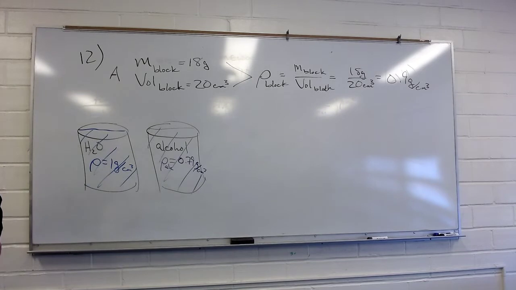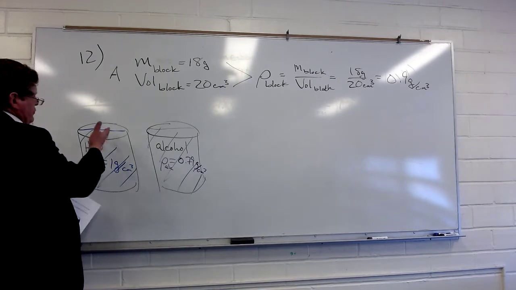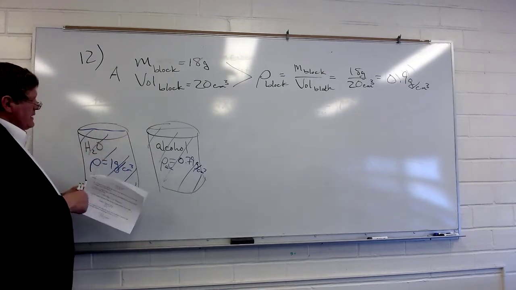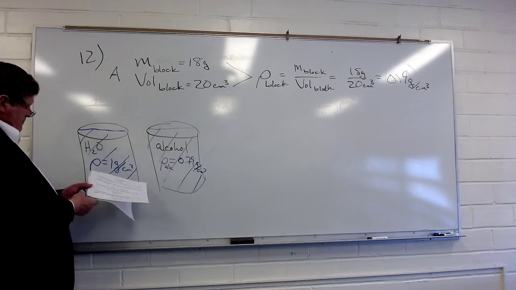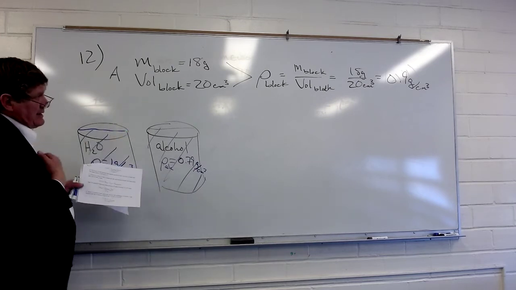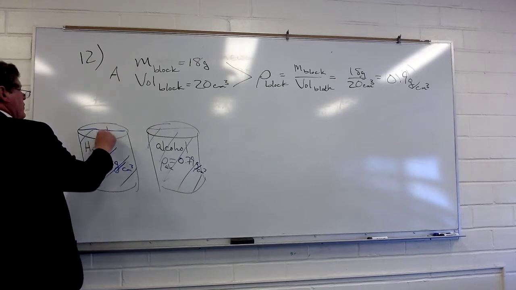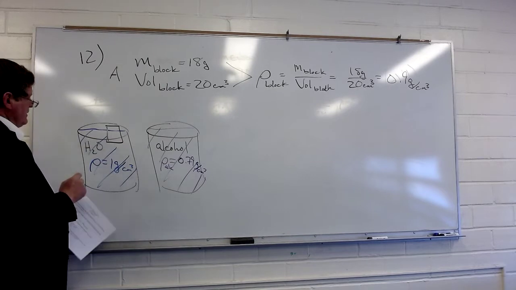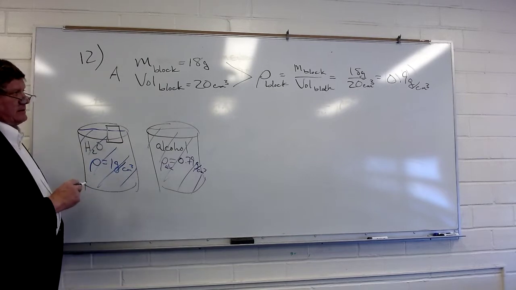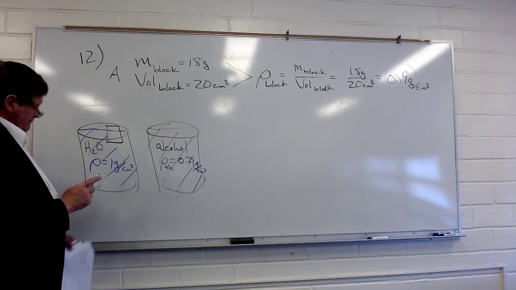So part B asks, what's this block going to do if I put it in these two buckets? Well, because the density of the block is less than the density of water, that block is going to float in the water.